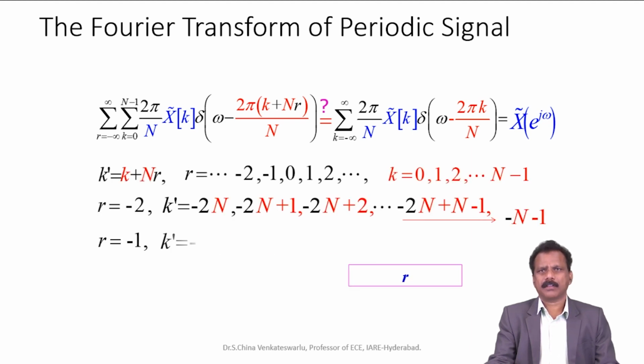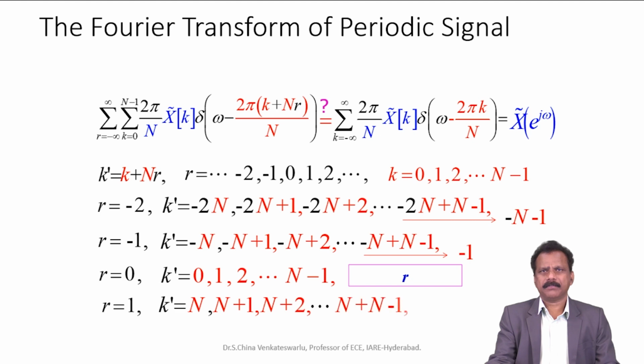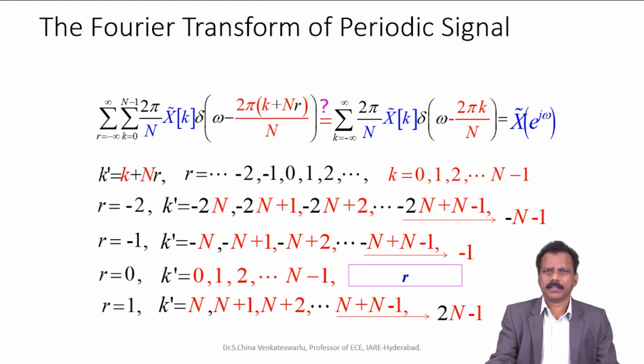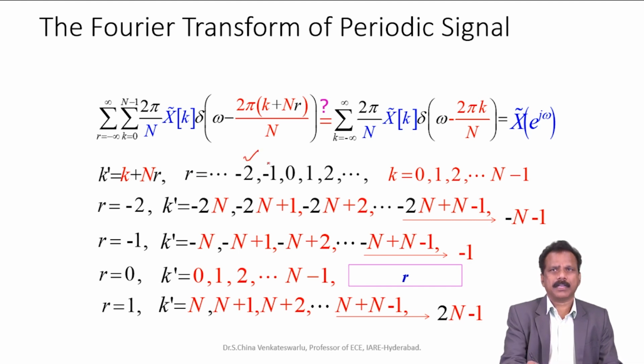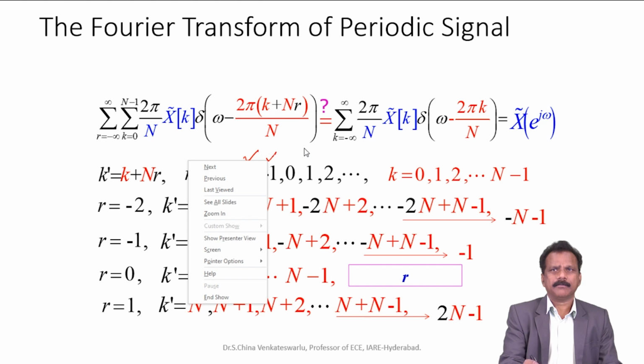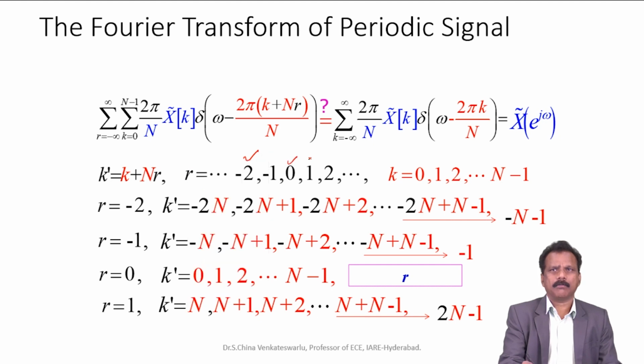All of this goes on using r values substituted, where r is equal to minus 2, minus 1, 0, 1, 2, 3, and so on.